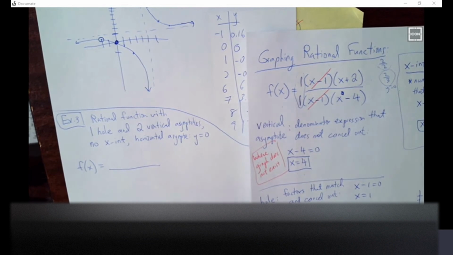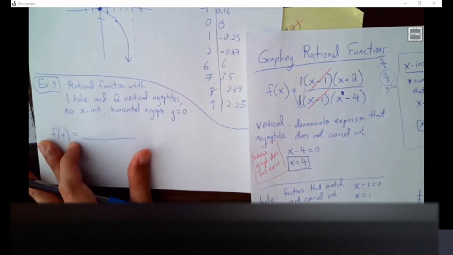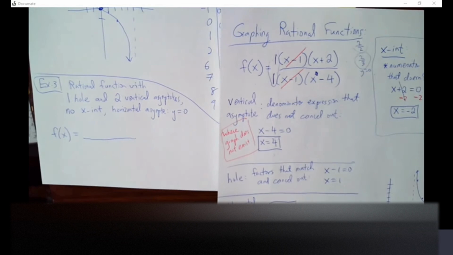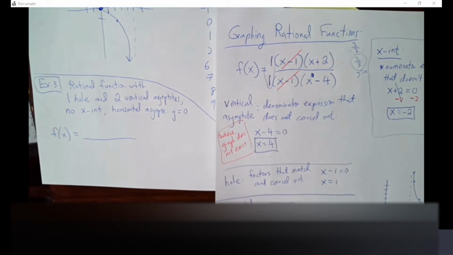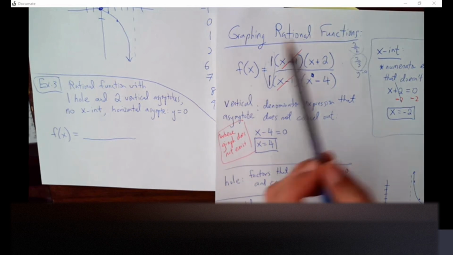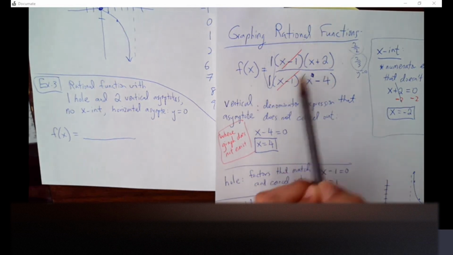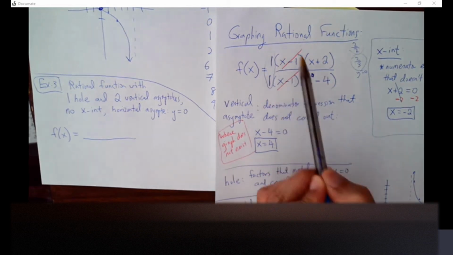Okay, tell me where you want to start or what you need help with. How do I know, like, starting off the hole? Would I have to rewrite the equation multiple times to find it? You can just create a scenario where something cancels out.